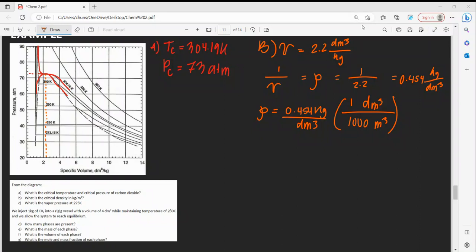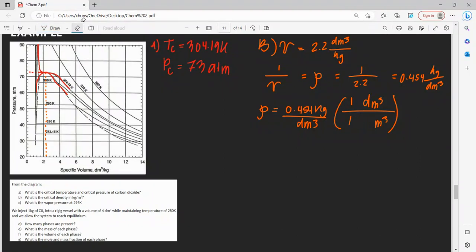Sorry, this is 0.001 meters cubed. And this will then become 454 kilograms per meter squared. Meters cubed, sorry. Unit analysis is very important in these kinds of problems.